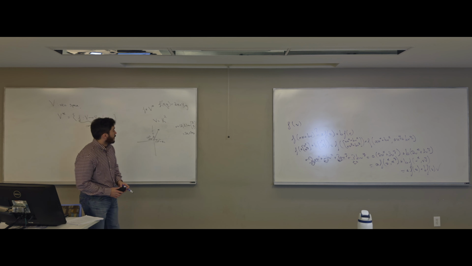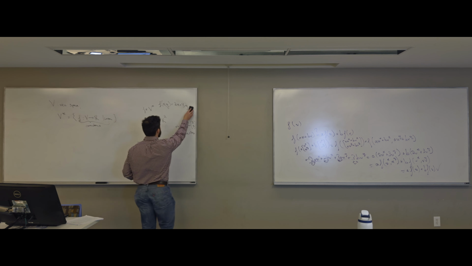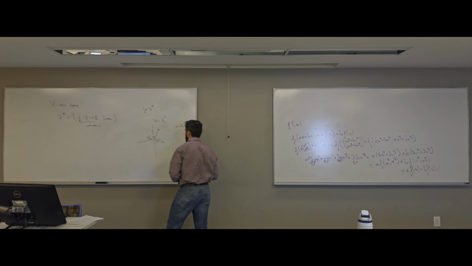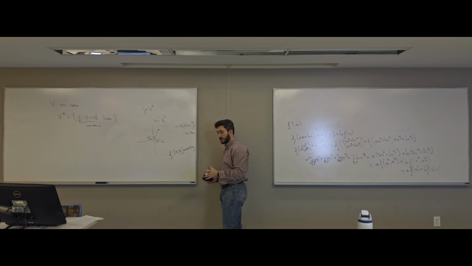Okay, so the general form for a linear function on R2 is going to be almost exactly like what Varun gave me, which is you're going to have components x and y, and it's going to be ax plus by in general.